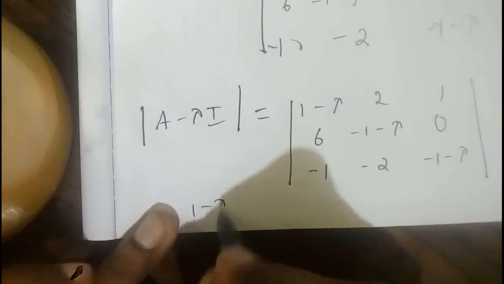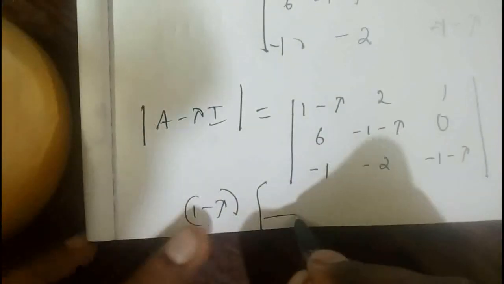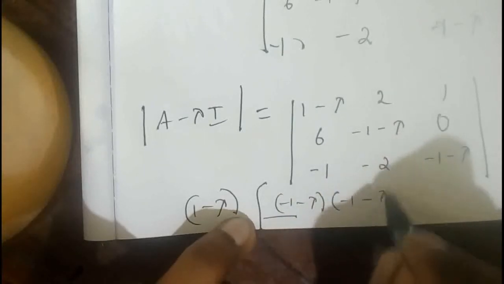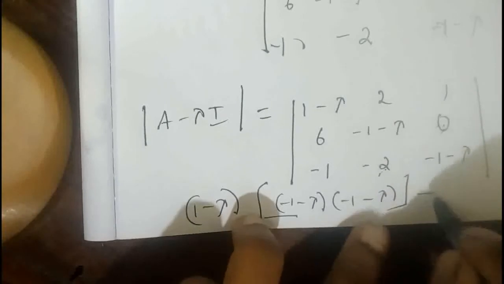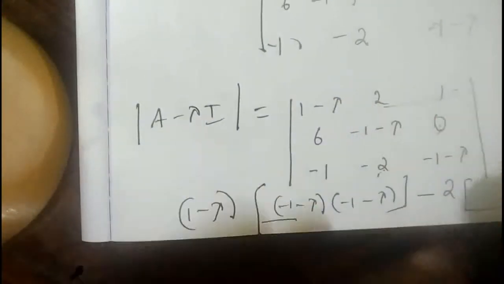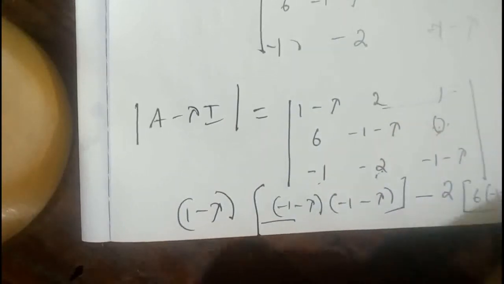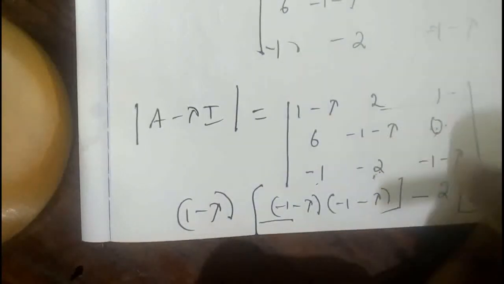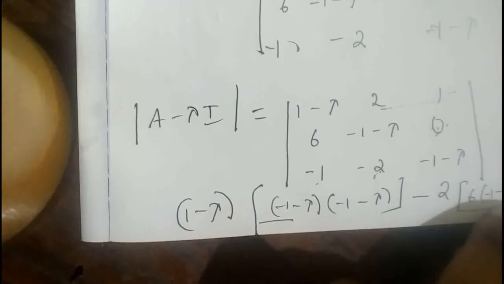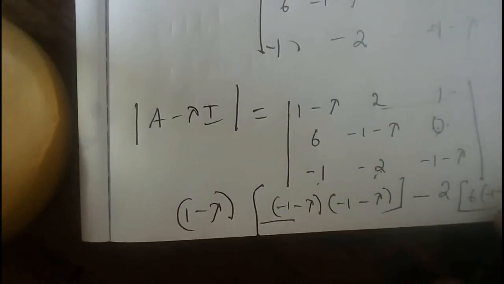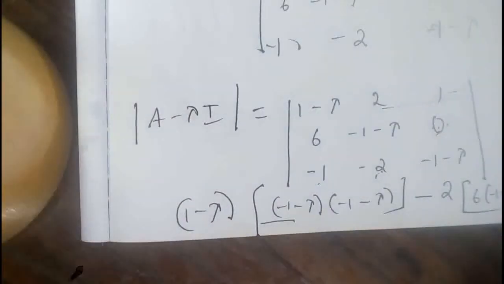So 1 minus lambda into minus 1 minus lambda, minus 1 minus lambda into minus 2 into 0, minus 2 into 6 minus 1 minus lambda 0, plus minus 12, minus 1 into minus 1 minus lambda.